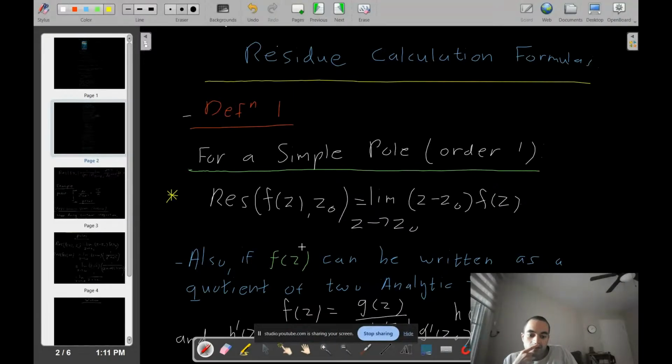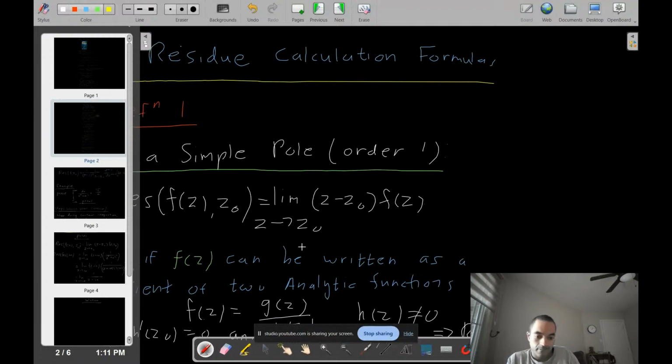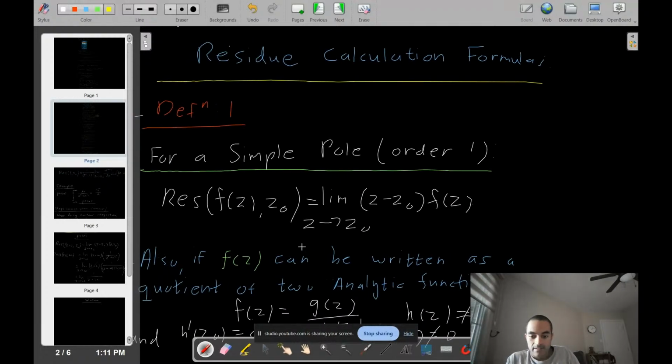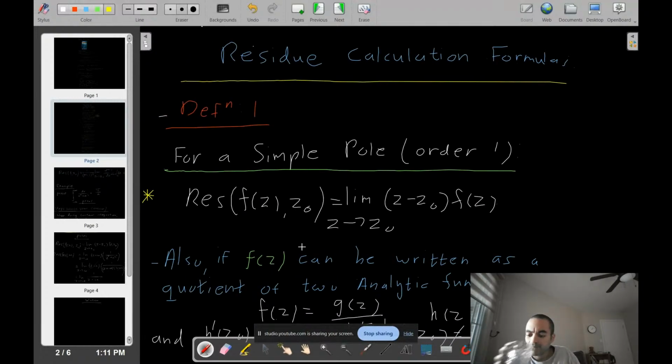So again, also if f of z can be written as a quotient of two analytic functions, you know what analytic functions are when it comes to complex numbers. That means f of z can be written as the quotient g of z over h of z, where h of z cannot equal 0, obviously. It's in the denominator, it can't be 0.